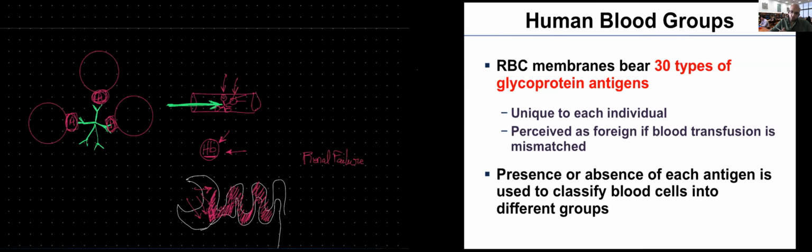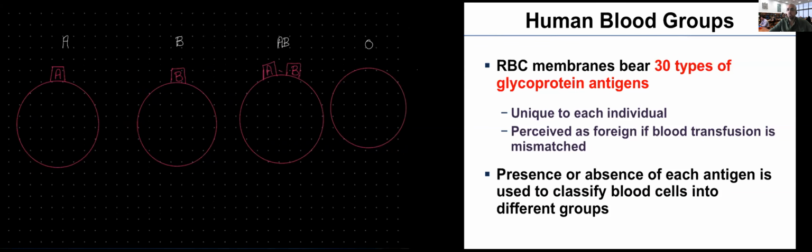So who can get from whom, considering this? The key, again: don't give an antigen to a person who doesn't have the antigen on his blood cells. In other words, he is capable of forming antibodies against the antigen.